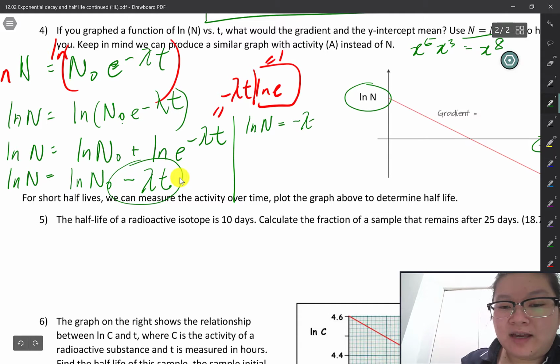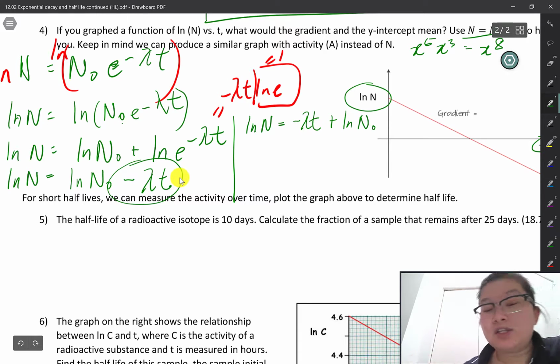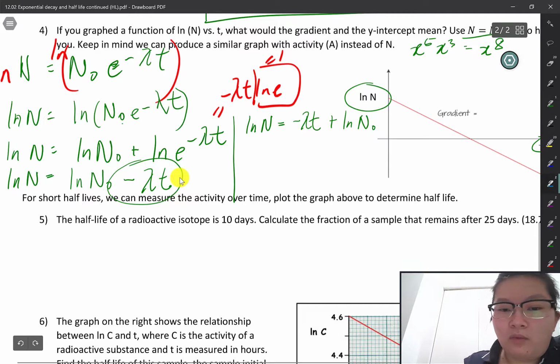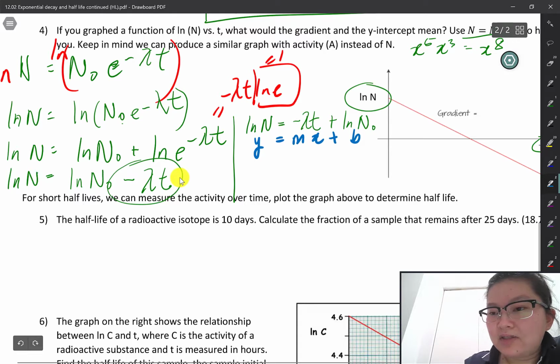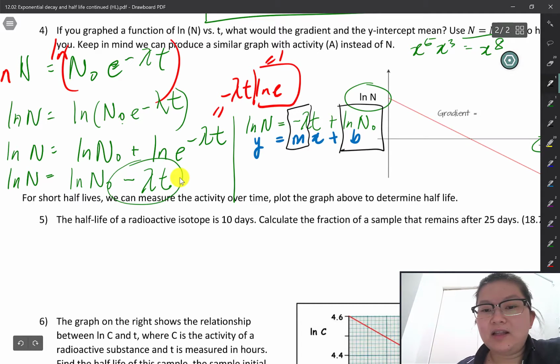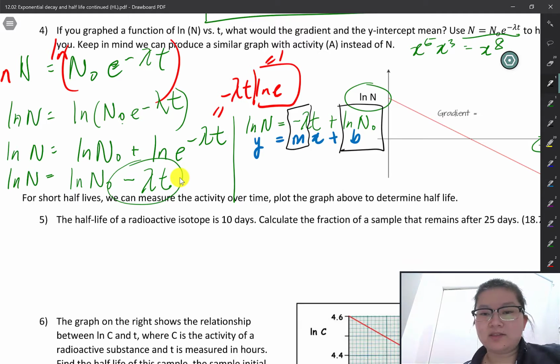So negative lambda t plus ln of the initial number of radioactive nuclei. Comparing this with y equals mx plus b, we now see that b is just ln of N naught, and m is just negative lambda, where lambda is the decay constant.